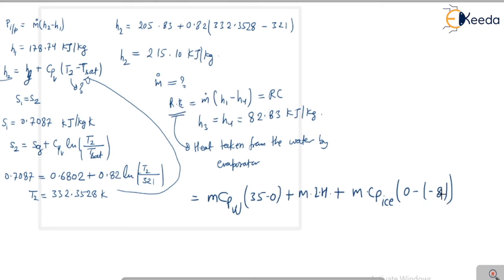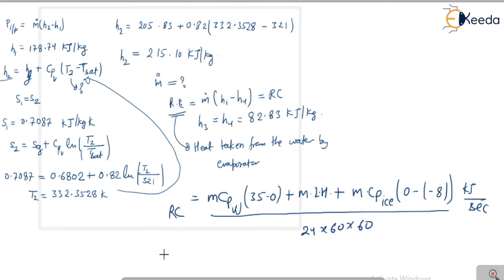This is the full conversion in kilojoule, and dividing by time, 24 into 60 into 60, this is our refrigeration capacity.